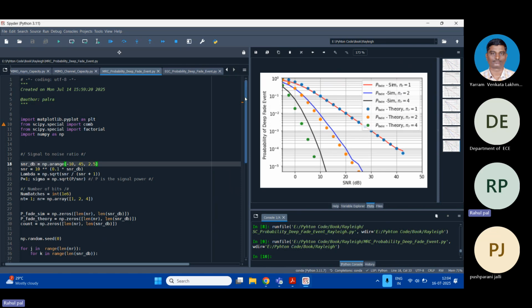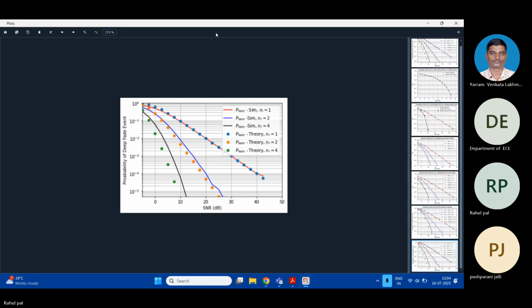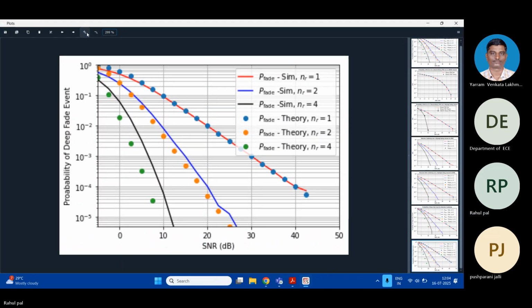So please wait a minute. So now you can see the performance. This is for maximum ratio combining. Okay. So now you can see, for maximum ratio combining, the same as selection combining, I have taken the number of antennas 1, 2 and 4.